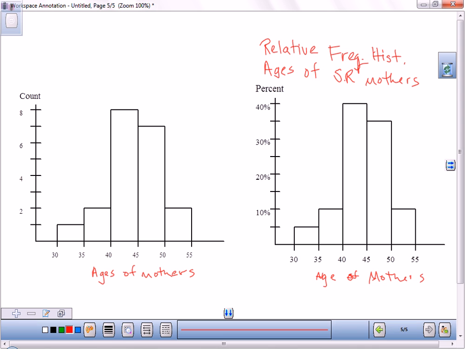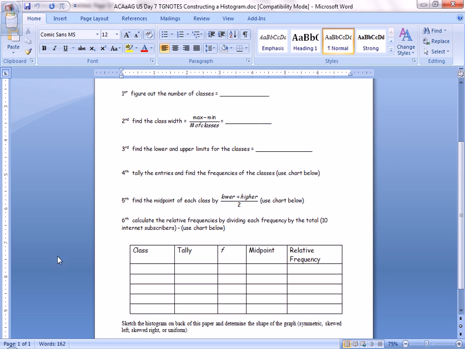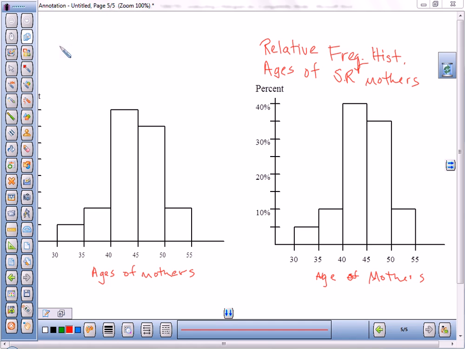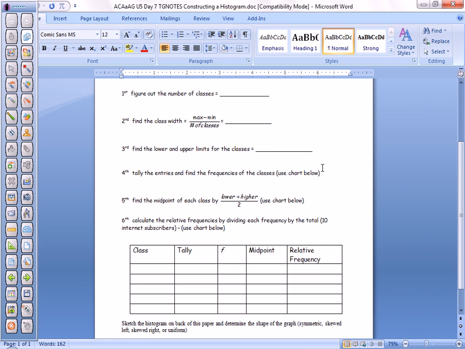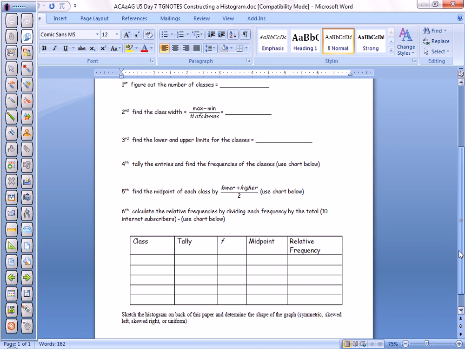Do you need one more? Thank you. I didn't count. This is really neat. It tells us the number of classes we should have.